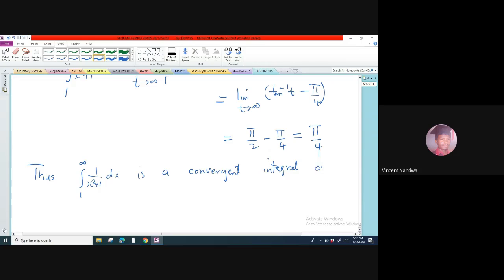And so by the integral test, the series is convergent.